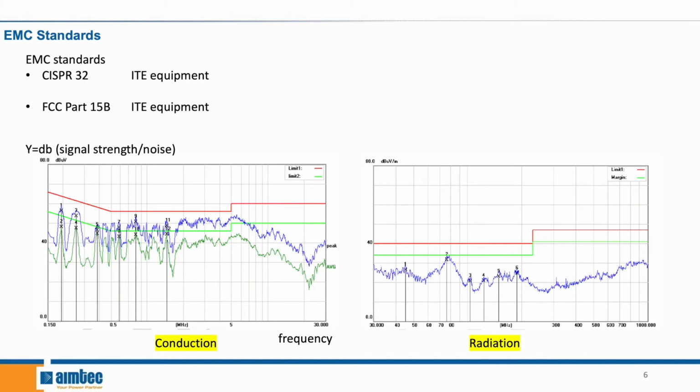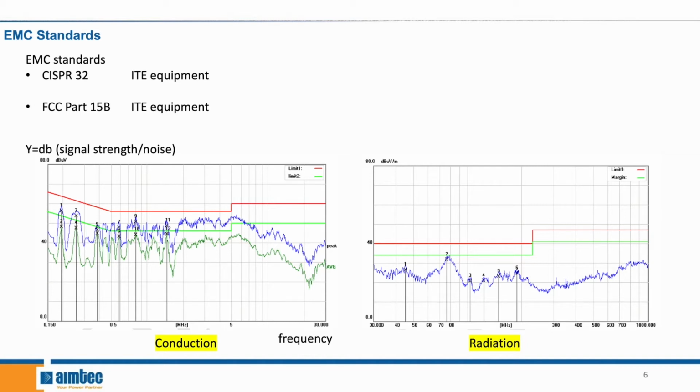Below, we can see two test graphs. These are typical measurements taken on a logarithmic scale showing how the DUT, or device under test, behaves under different frequencies. The red line represents the maximum allowed signal strength, or noise level. The DUT will fail the test if the peak reading goes beyond the red line, or if the average reading goes beyond the green line.